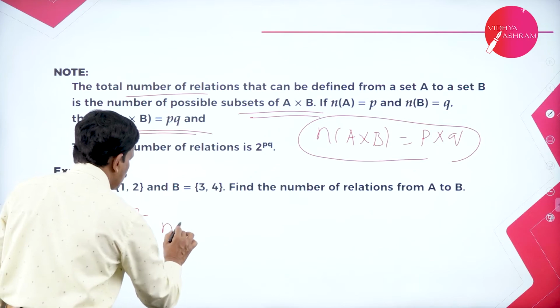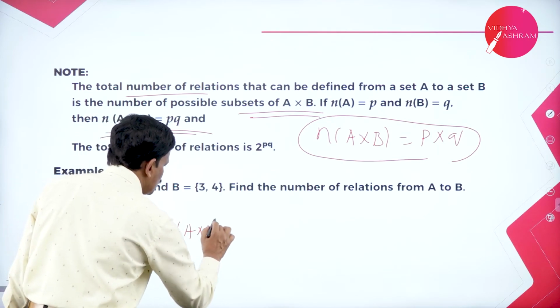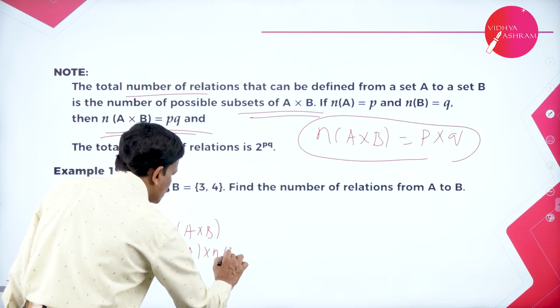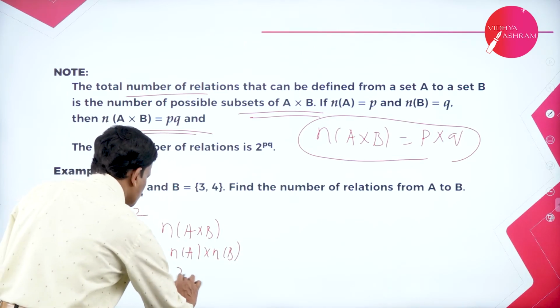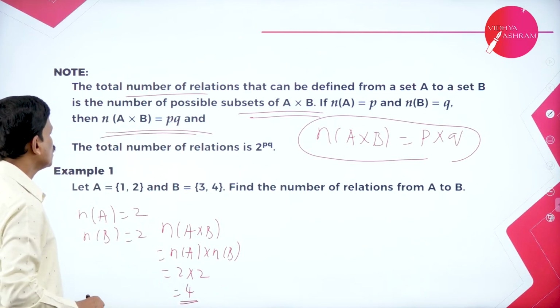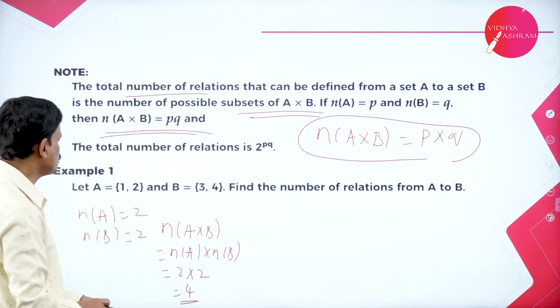The number of elements in A cross B is n of A into n of B, which is 2 into 2 is 4.